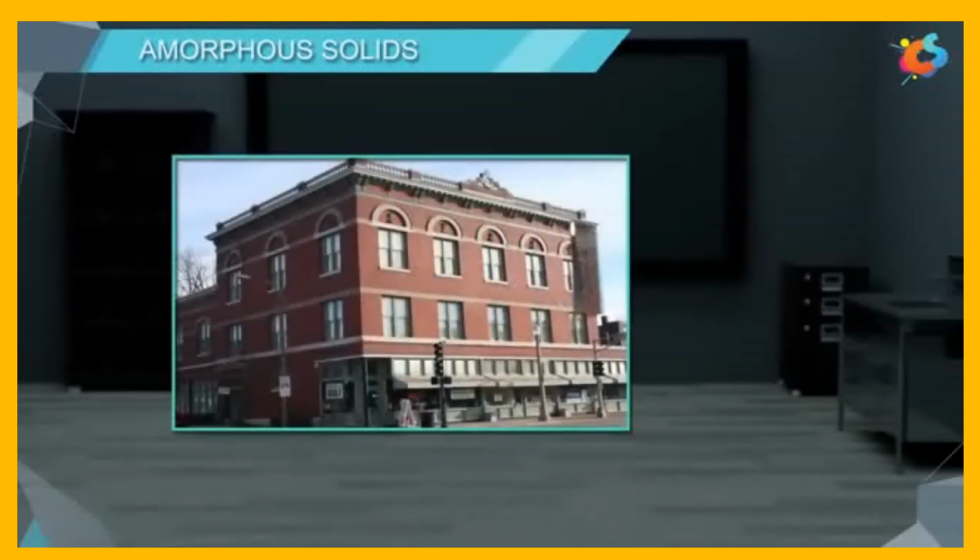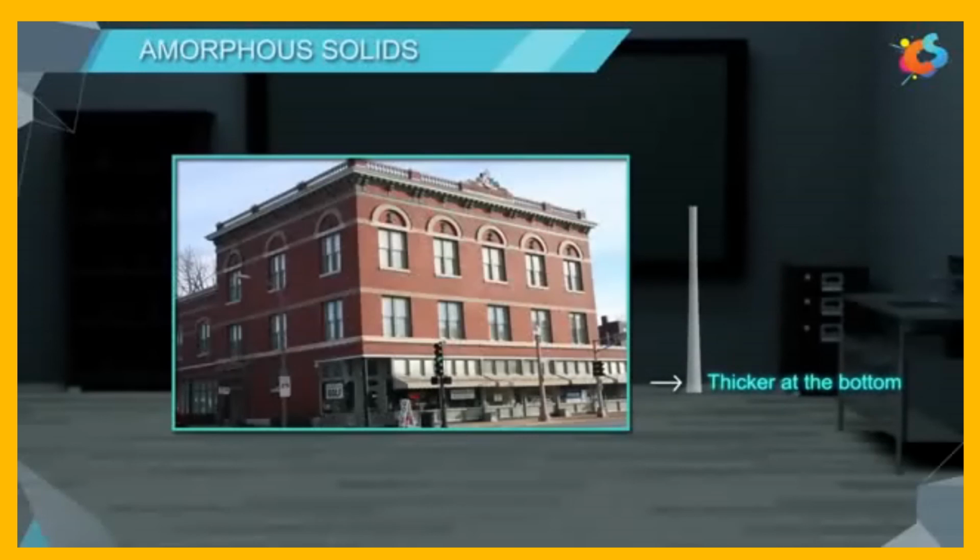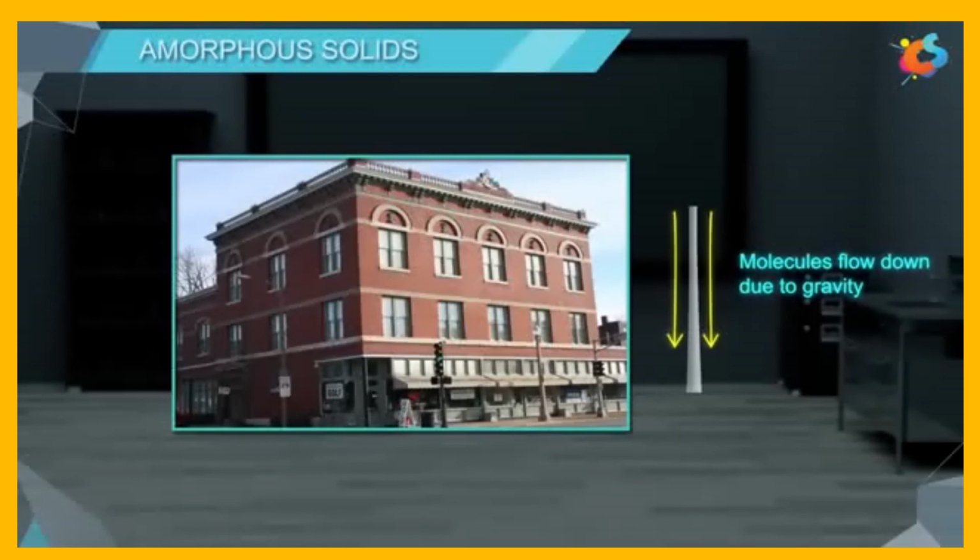Now, if we notice carefully the glass windows of very old historical buildings, we will observe that these glass panes are thicker at the bottom as compared to the top of the window. This is because, as time progressed, some of the molecules at the top of the glass flowed down due to gravity and accumulated at the bottom, making it thicker.